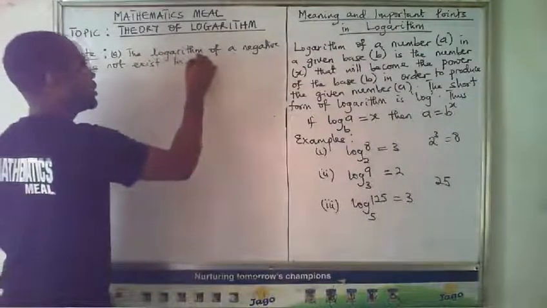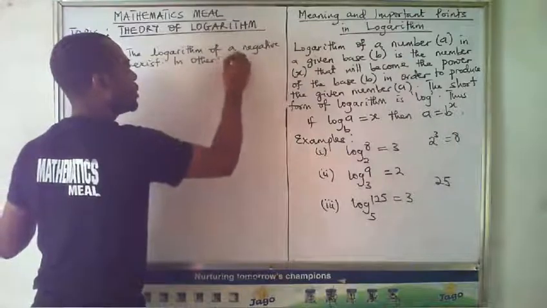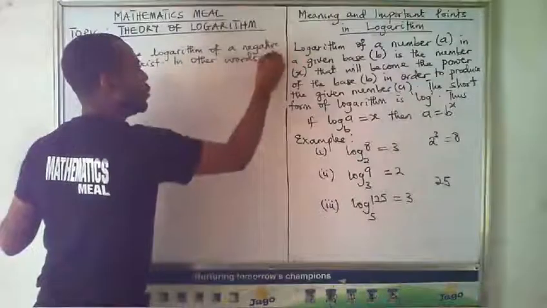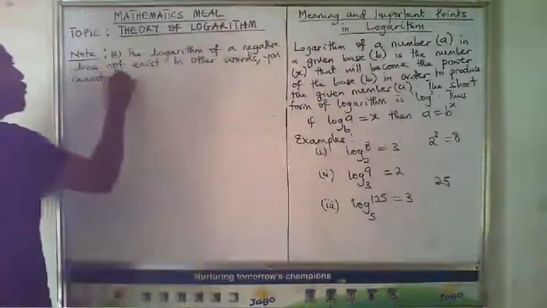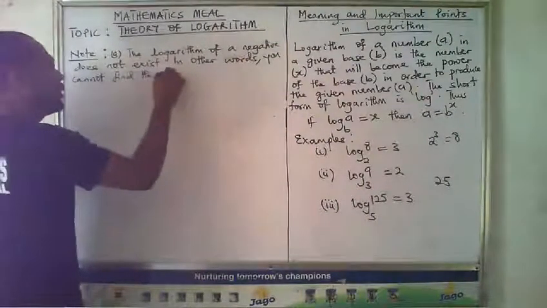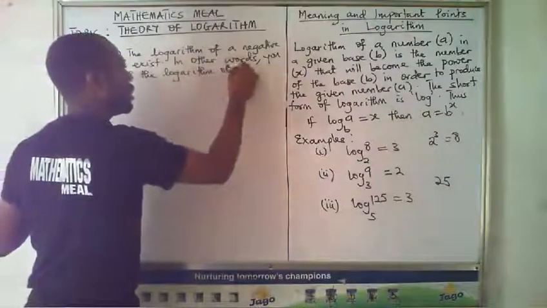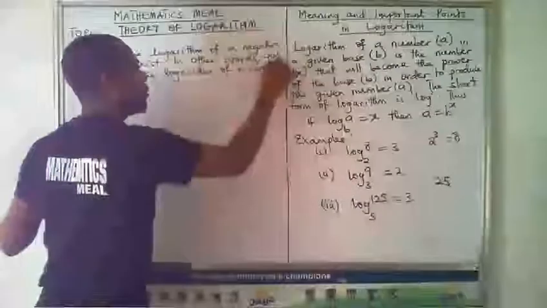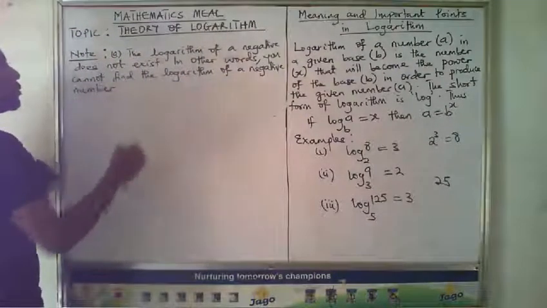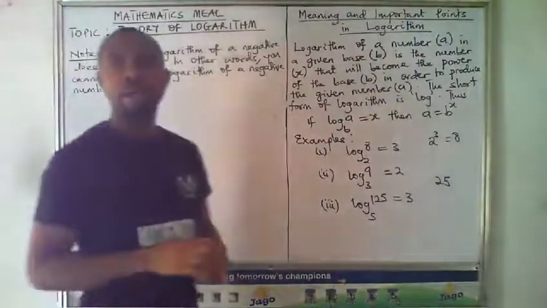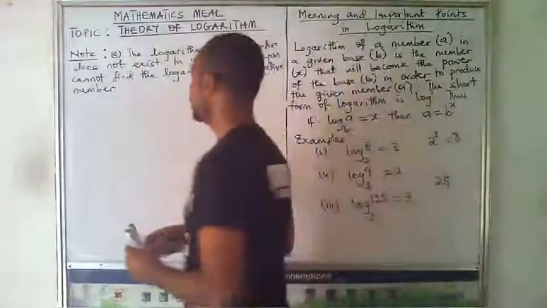In other words, you cannot find the logarithm of a negative number. Logarithm of a negative number does not exist. In other words, you cannot find the logarithm of a negative number.